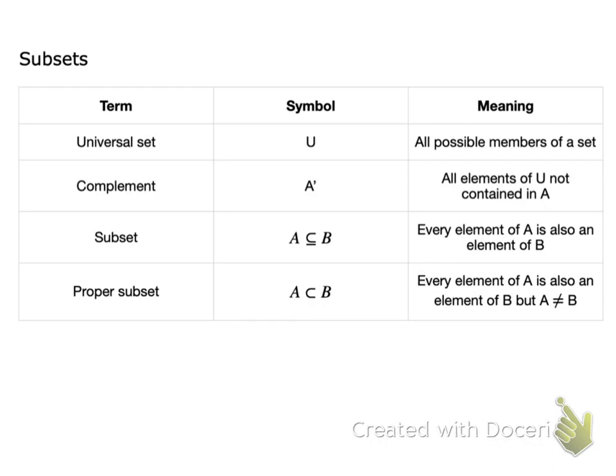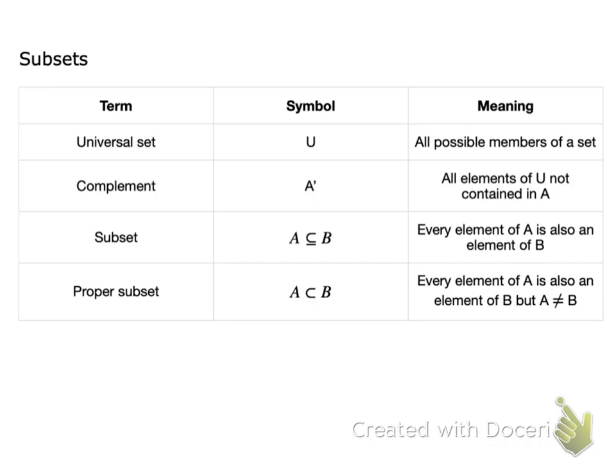These two are easily confused, subset and proper subset. And you can see that they're very close in symbol as well. It's kind of an elongated C, and one of them has a bar underneath.